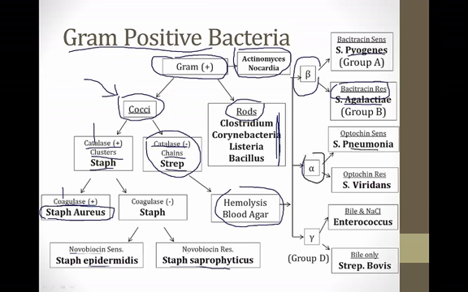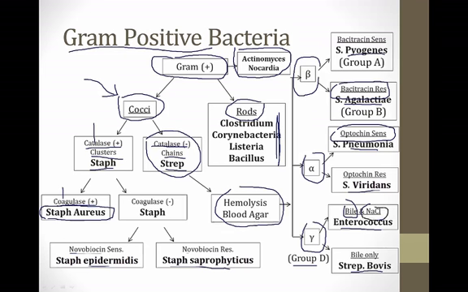Those are like strep pneumoniae and strep viridans, and you can separate those from each other by the optochin sensitivity test. And then finally, there are strep that are gamma hemolytic, which is actually a misnomer. These strep are group D strep, and they don't hemolyze at all. And those are bacteria like Enterococcus and strep bovis, and you can separate those from each other by seeing how they grow on bile or high sodium chloride concentration media.